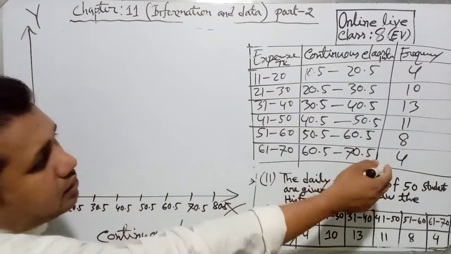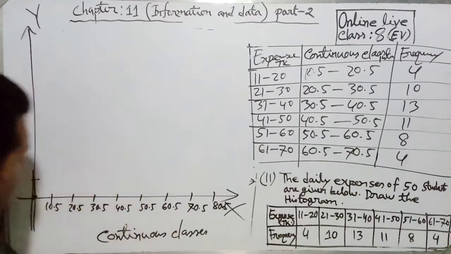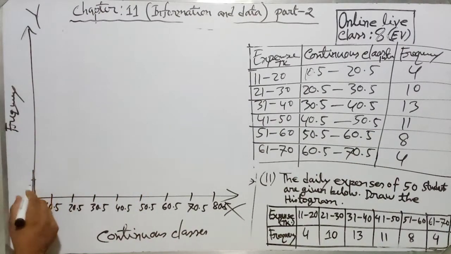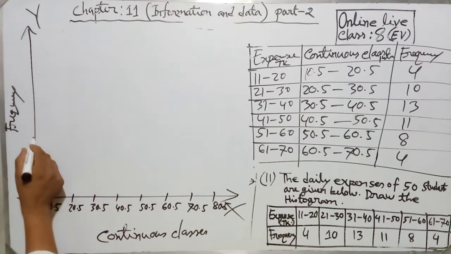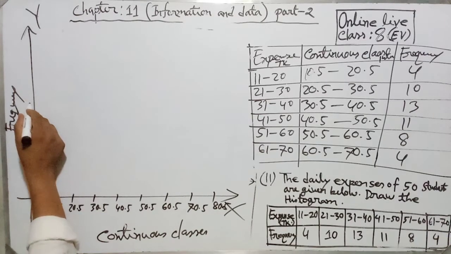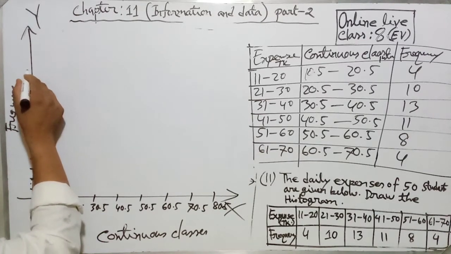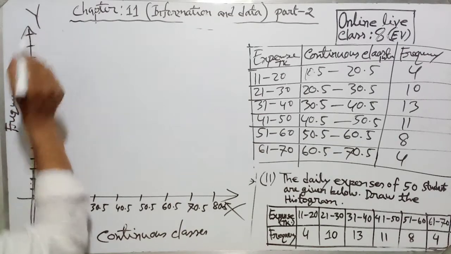And their highest is 13. So we can write on our y-axis, suppose, 1, 2, 3, 4, 5, 6, 7, 8, 9, 10, 11, 12, 13, 14, 15.